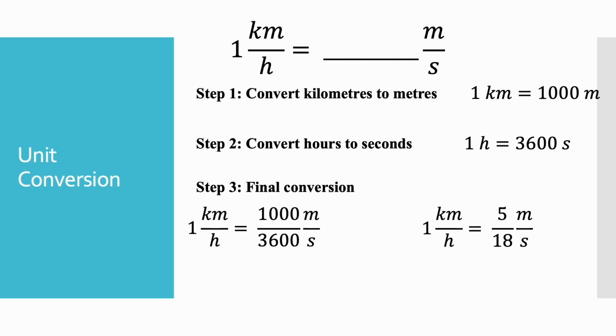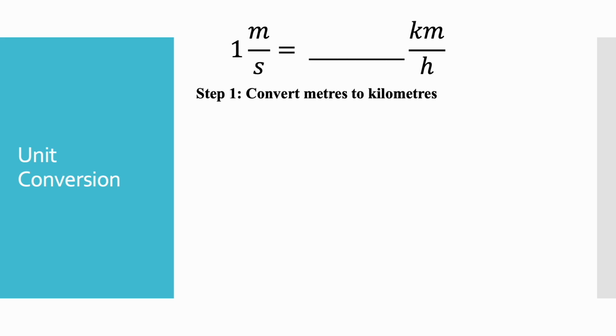So this is a very useful conversion factor to remember. So to convert kilometer per hour to meter per second, multiply by 5 by 18 or 0.278. 1 kilometer per hour is equal to 0.278 meters per second.